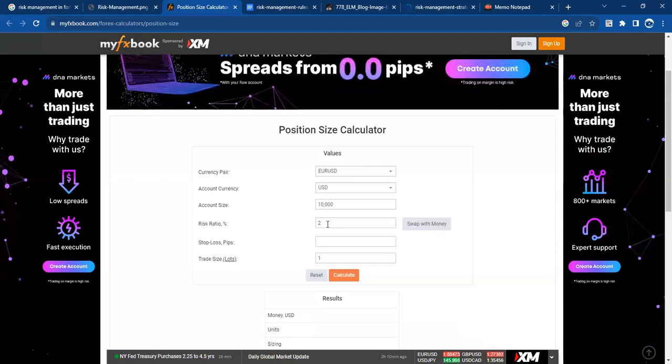So 1% is about 100, so 2% should be about 200. Okay, hold on, let me quickly calculate that to be sure. Okay, yes, so 2% should be 200 USD. So which means on the 10,000, 2% of 10,000 is definitely 200 USD.